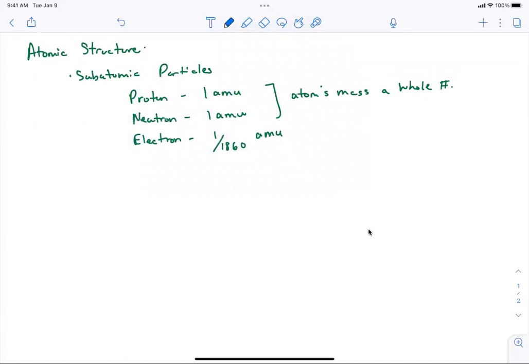The symbol that lets us know how many subatomic particles are in an atom is what we call the nuclear symbol notation. And this, with the generic symbol, looks like this.